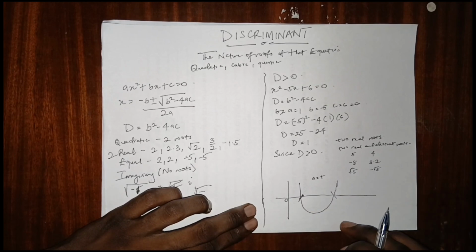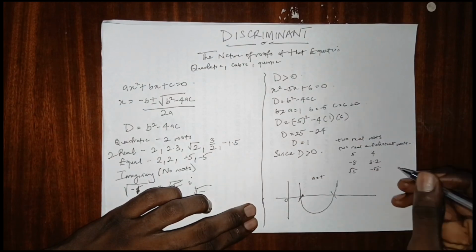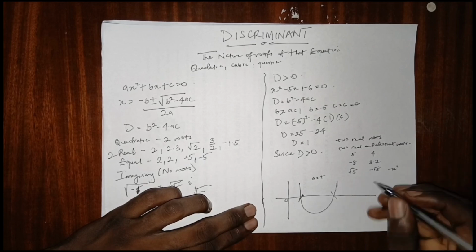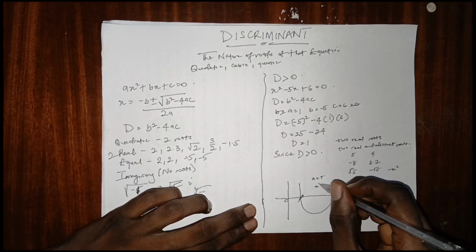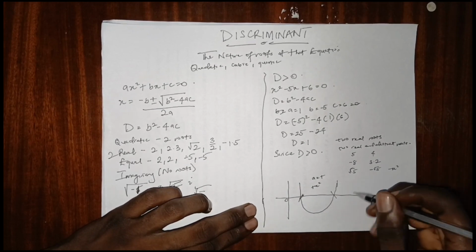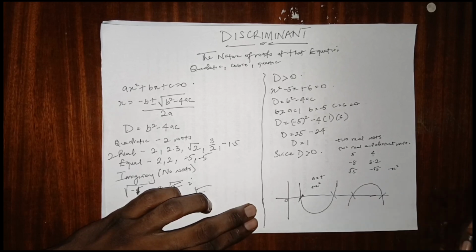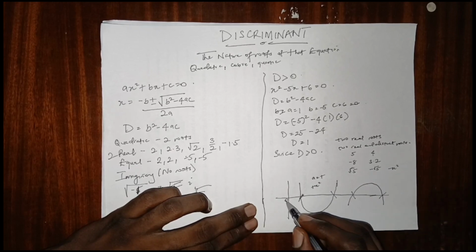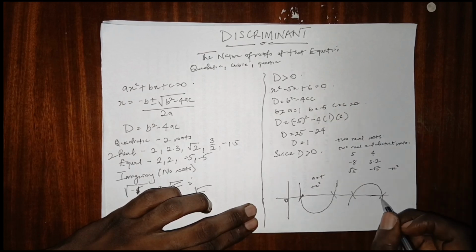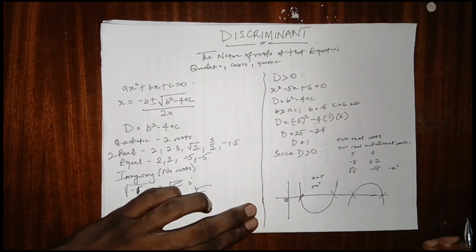The graph looks like this. If x squared is negative, we have something like this. Either way, it is crossing the 0 line at two distinct points.